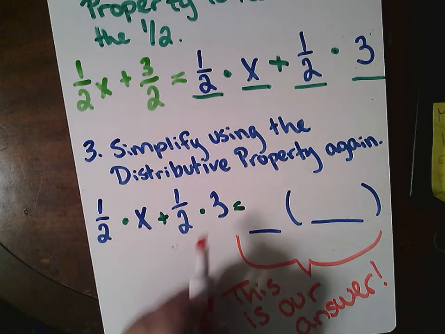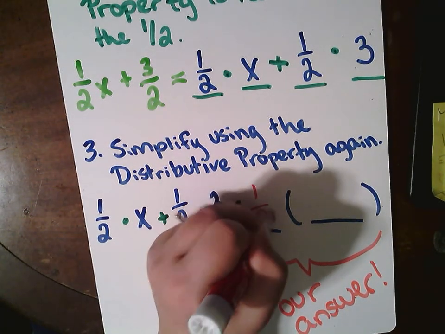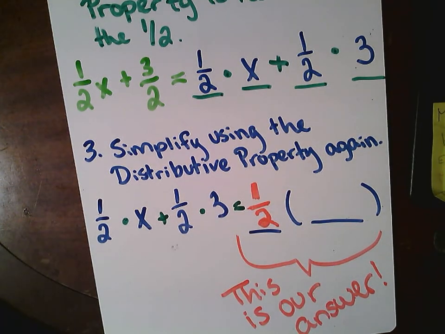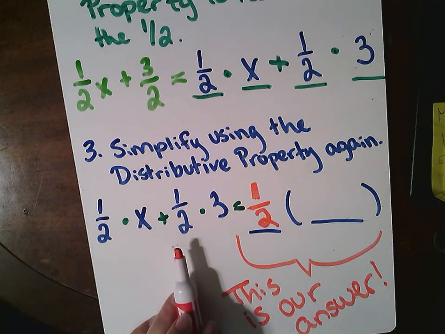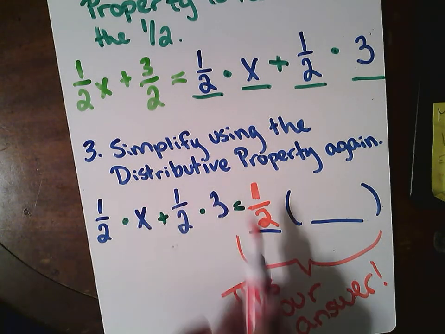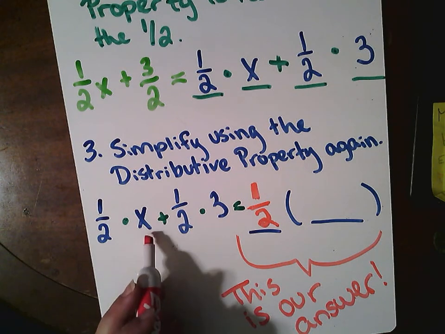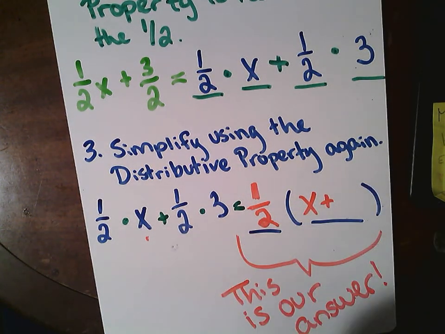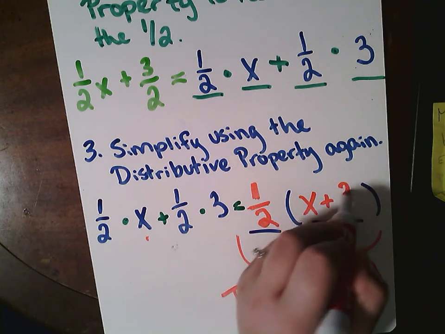So we pulled out the 1/2. And now we have to make sure that we include everything else that we have. So we have our x right here. We're adding right here, so we'll add inside. And we have our 3.